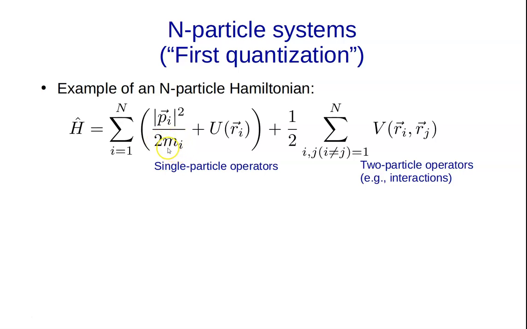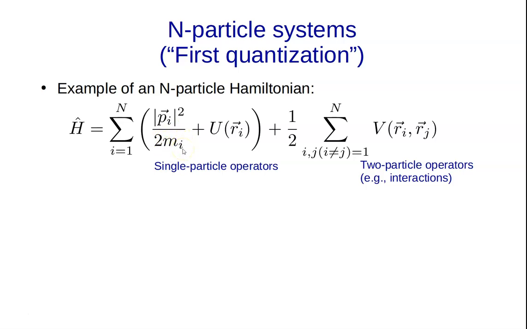So say you have a three-body system of three particles, say an electron, a positron, and a proton, and, well, the positron has the same mass as the electron, so it's not a good example. Let's say an electron, a muon, and a proton, right? And they are all interacting with each other. This would be a system like that. So you have three particles, each with its own mass.